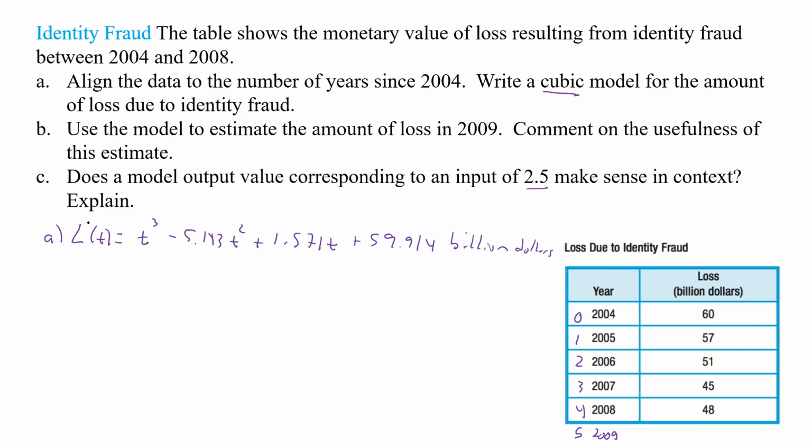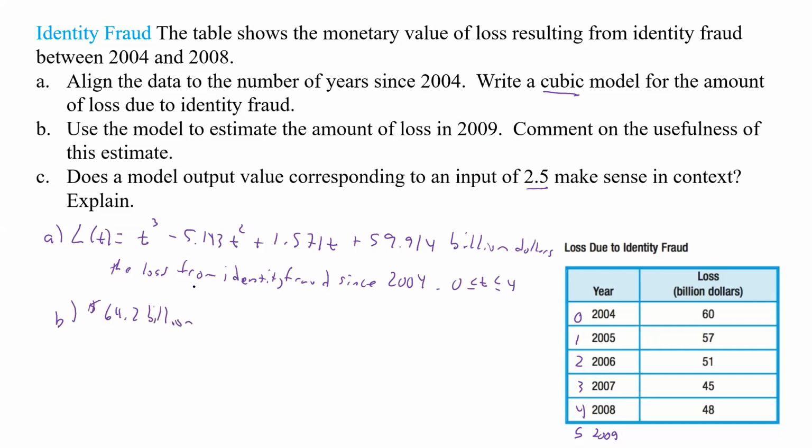And basically that's the loss from identity fraud since 2004. And t was basically less than or equal to 4, but greater than or equal to 0. Okay, so that was what we got for part A. So B says use the model to estimate the loss in 2009. Well, we found $64.2 billion.